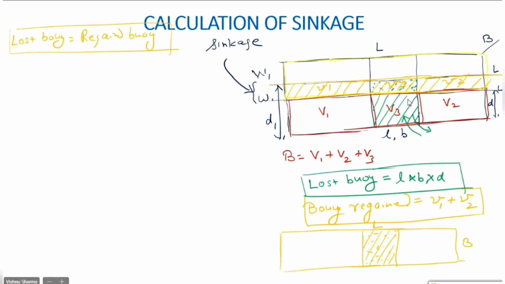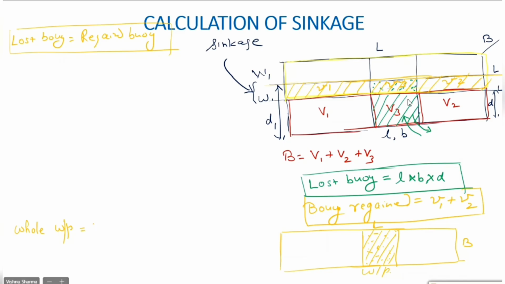So now I will introduce three terms before I proceed further. One is the whole water plane. When I'm talking of the water plane, our focus should be on this diagram of the water plane drawn down below. From this diagram, what is the whole water plane?